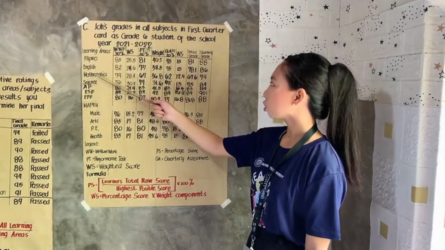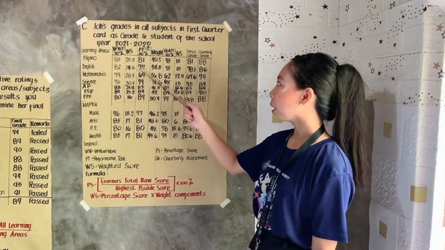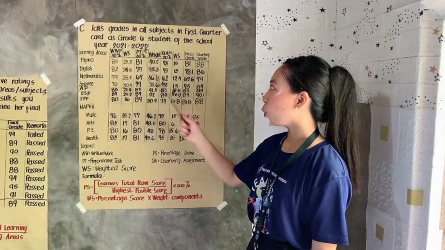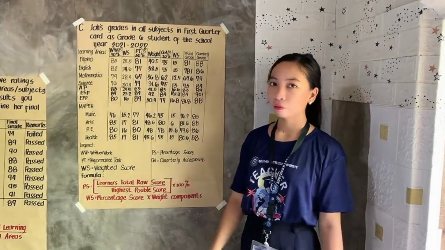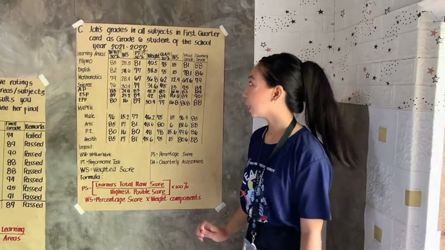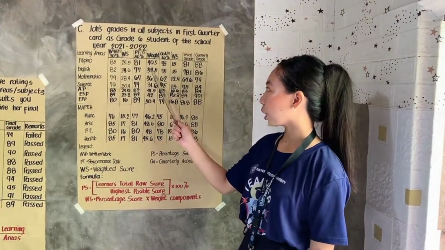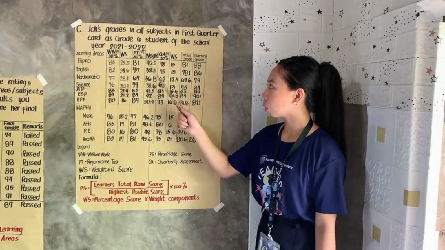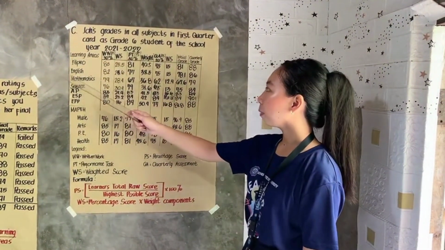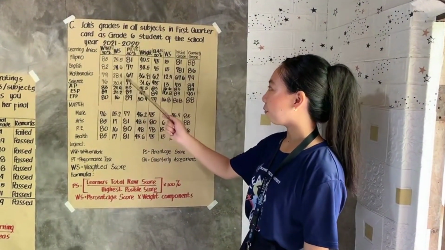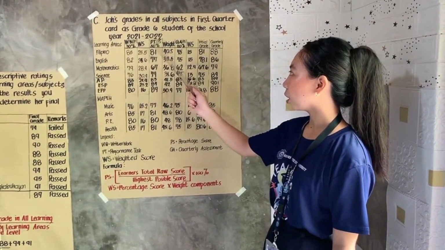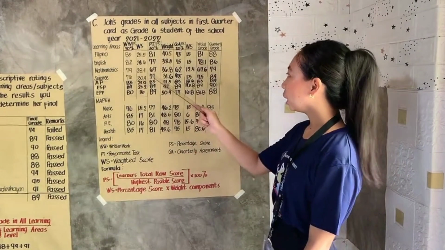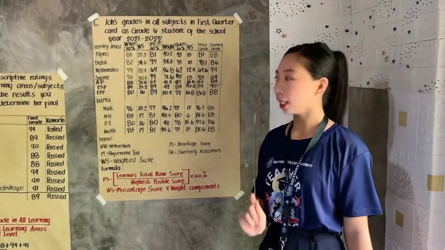In English, he got 77 percentage score, multiplied by 0.50, he got 38.5 as a weighted score. And in mathematics, he got 67 percentage score, multiplied with 0.50, he got 36.8.